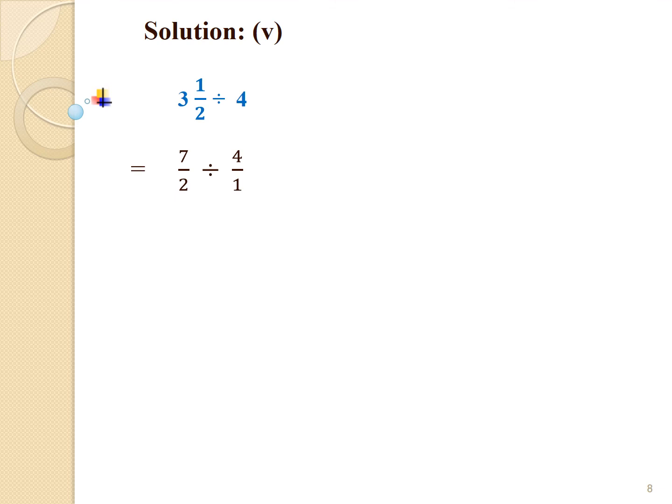Now, multiplying first fraction 7 upon 2 by the reciprocal of second fraction 4 upon 1, we get 7 upon 2 multiplied by 1 upon 4. Now, multiplying 7 with 1 and 2 with 4, we get 7 upon 8. Therefore, 3 integer 1 upon 2 divided by 4 is 7 upon 8. Students, solve remaining sums by yourself.